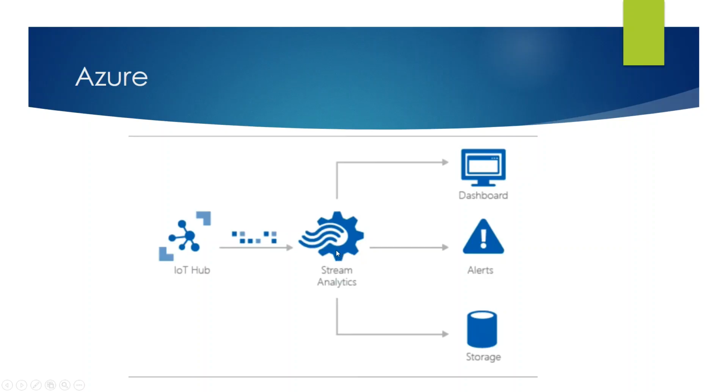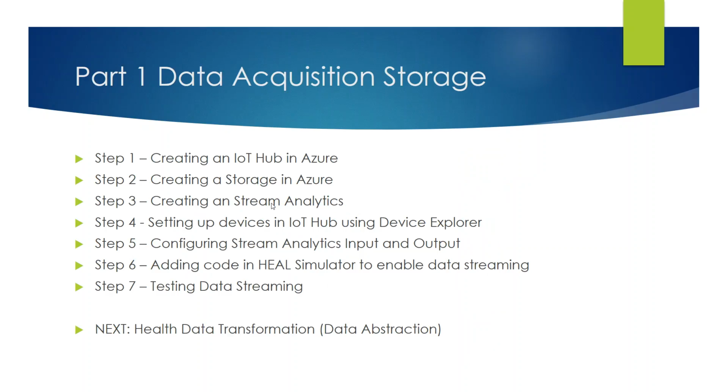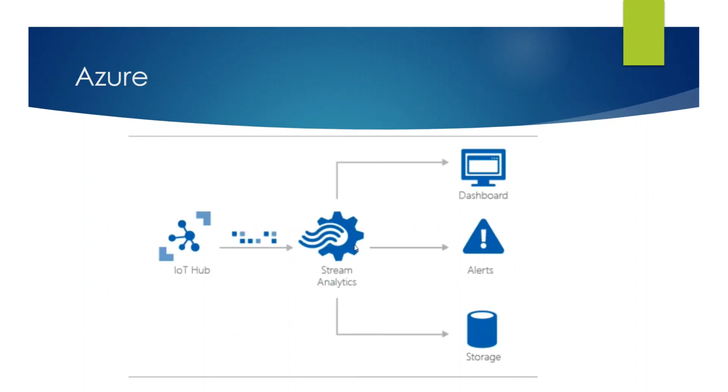Stream Analytics is able to view those events, run some queries on them, and send the processed data to a storage or to a dashboard, or create alerts and send them to the devices themselves. IoT Hub is also able to send some data back to devices. So we're going to have something like this for the start, for the data acquisition.